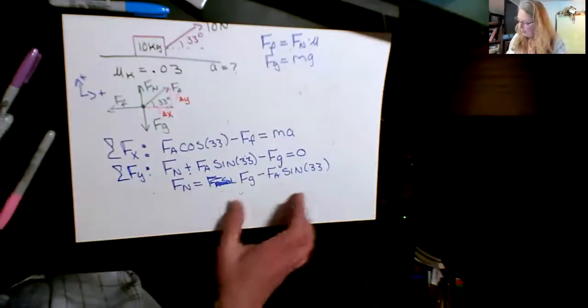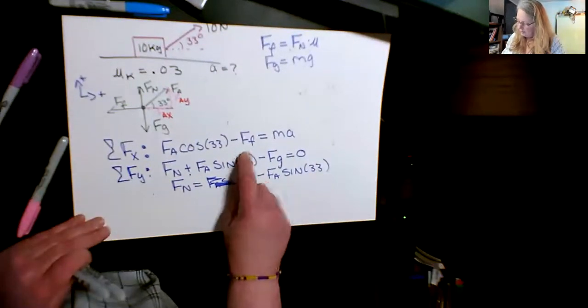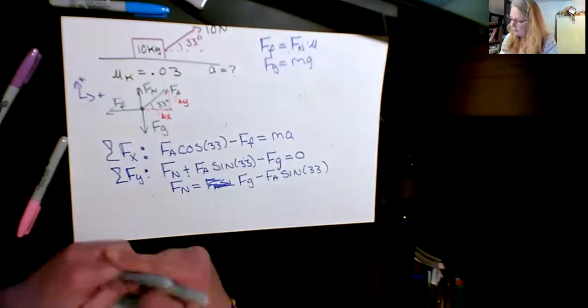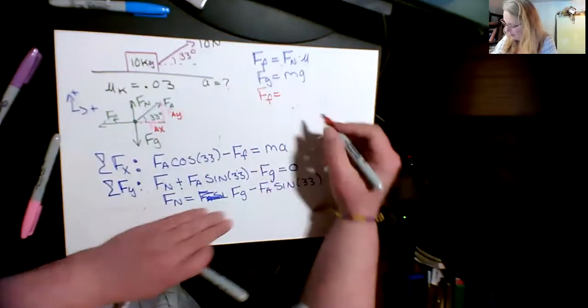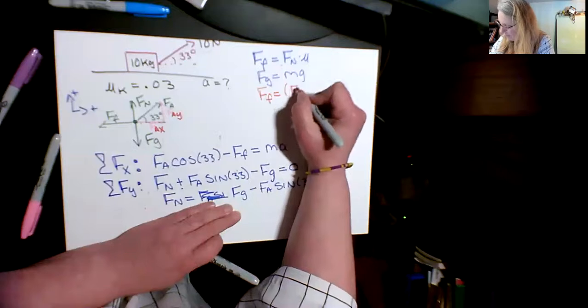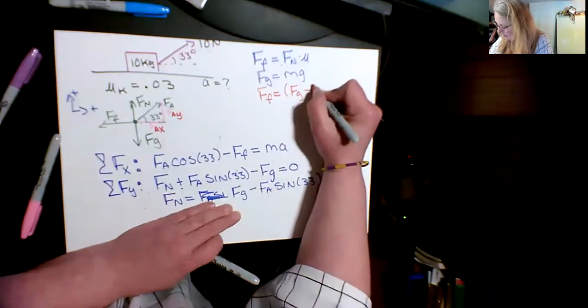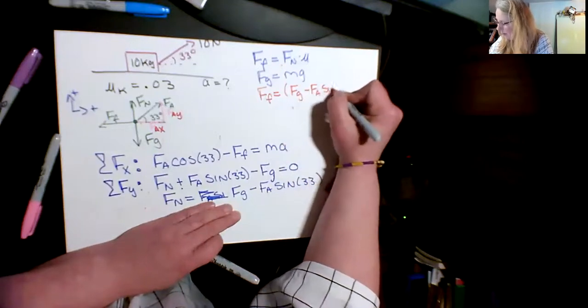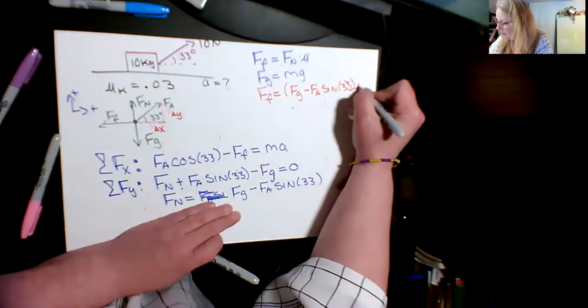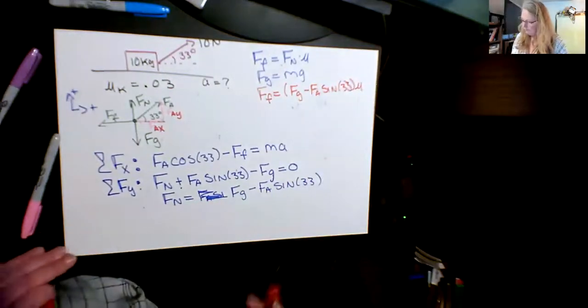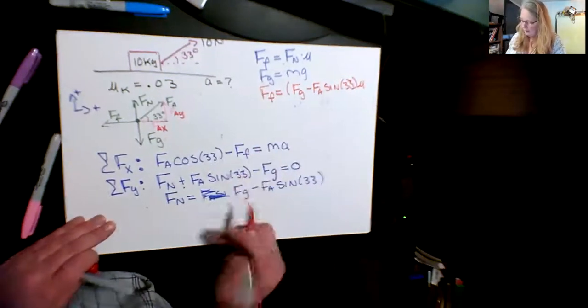So let's make this substitution into here. Therefore, my force of friction, I won't skip steps on you, is the force of gravity minus the force applied, sine 33, times mu.